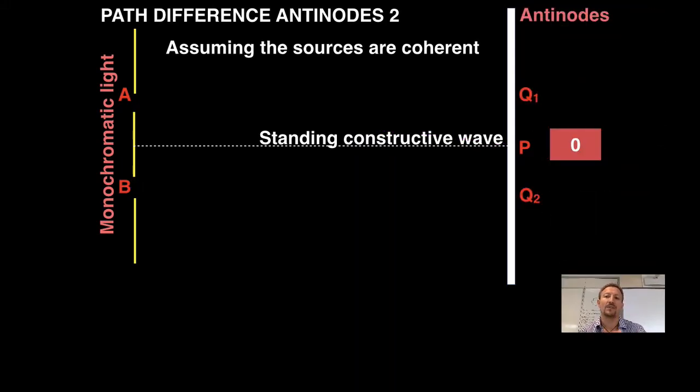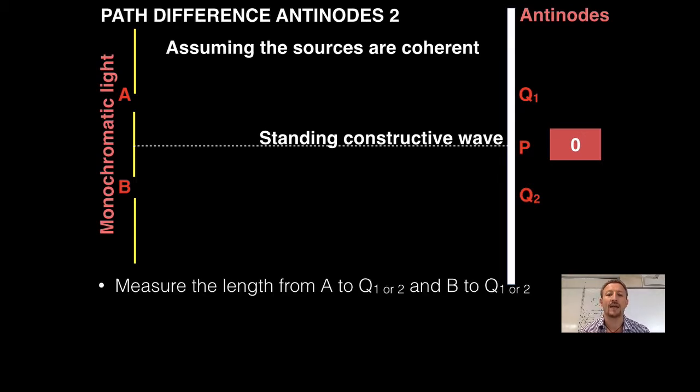Now the next point, or the next fringe pattern, would be at Q1 or Q2. So what we can do here is exactly the same thing. We measure the distance from A to Q1 or A to Q2, and from B to Q1 or B to Q2, making sure that in each case we're going to the same point.